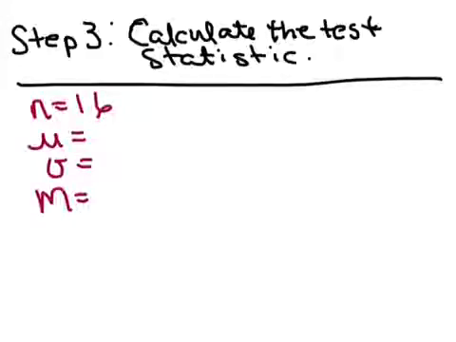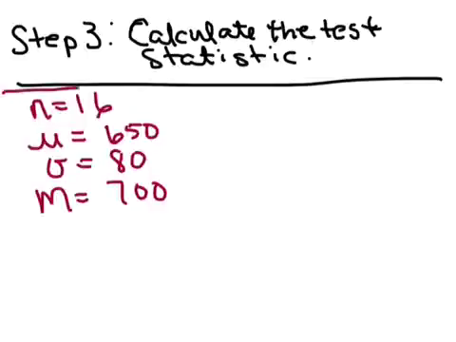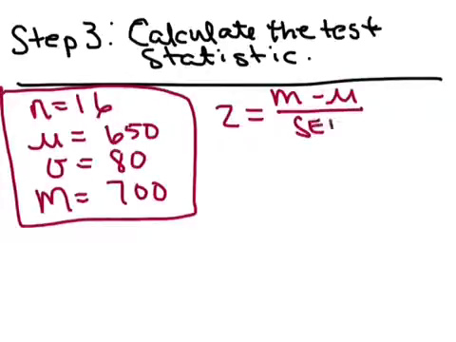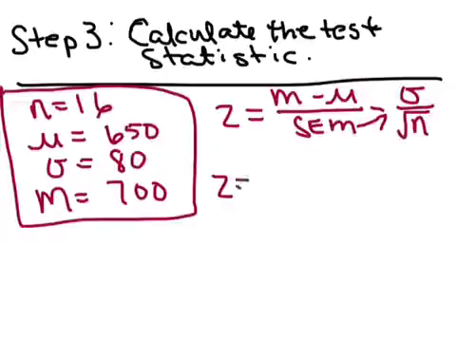If you go back to the slide, you can look as well. Now that I have all of the information that I need, I can actually calculate the test statistic. We're going to use the Z test, which is M minus mu over the standard error of the mean. And remember, standard error of the mean is the standard deviation of the population divided by the square root of the sample size.